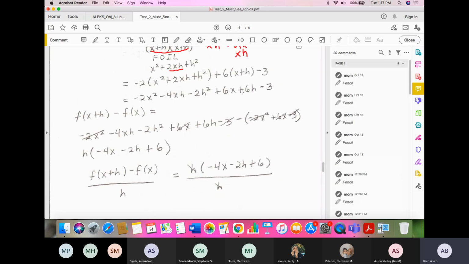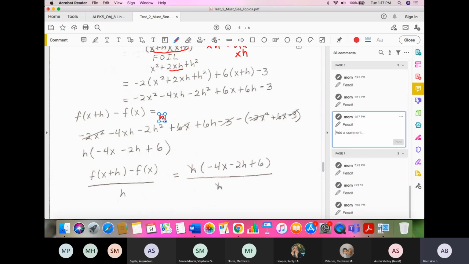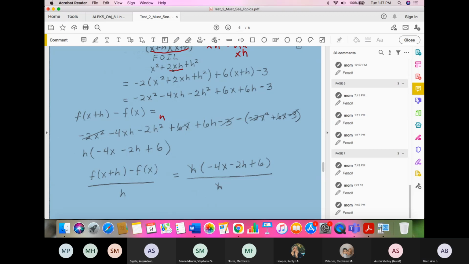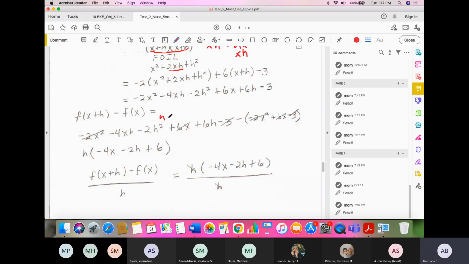Exponents are mathematicians' way of stating repeated multiplication. So this is really h times h. That's what h squared represents, h times h.